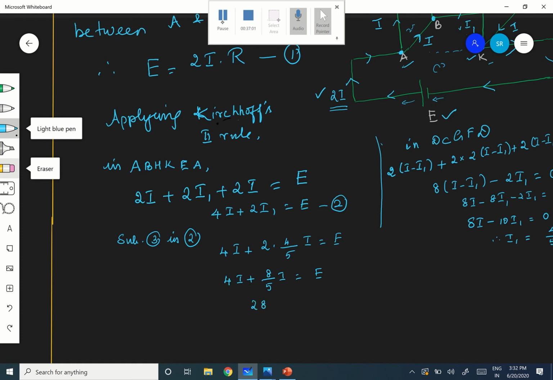Therefore 28I by 5 is equal to E. Let this be equation number 4.